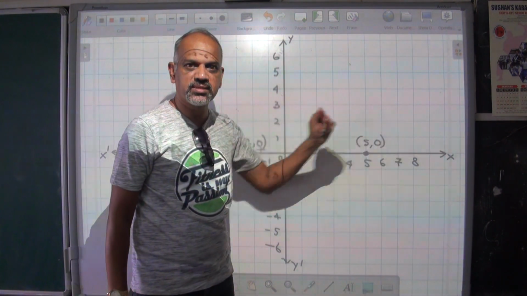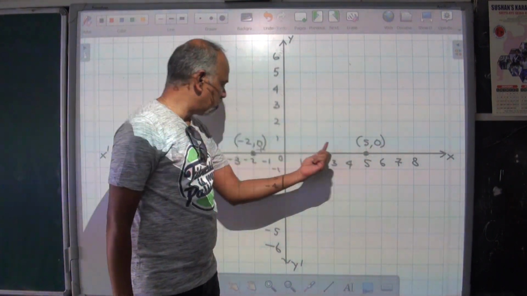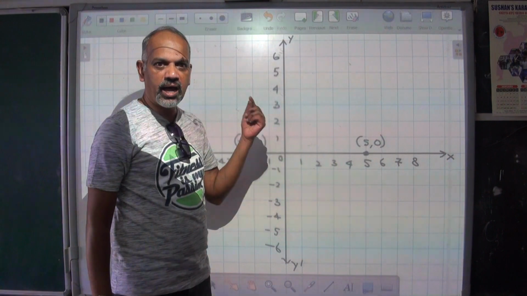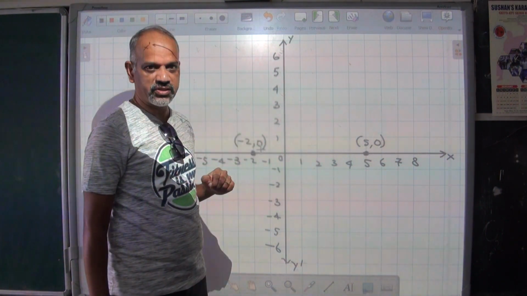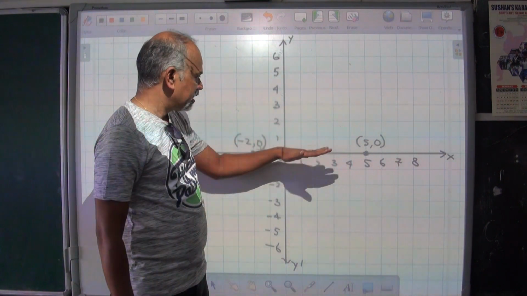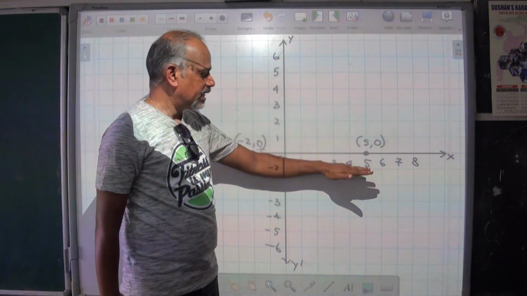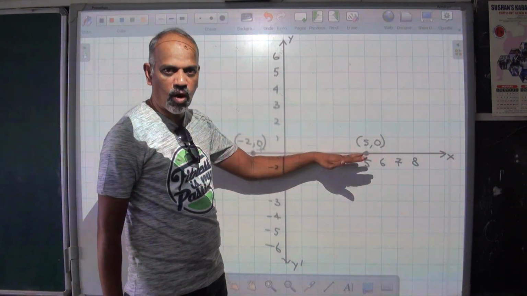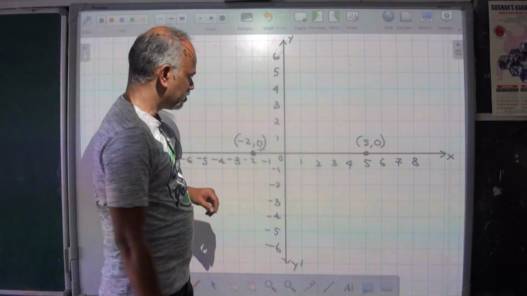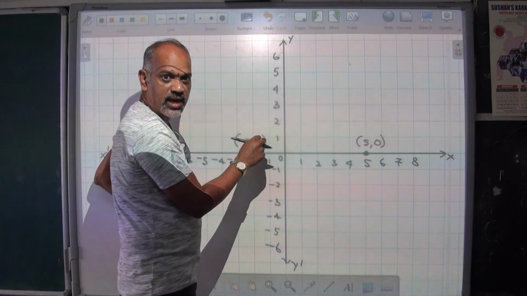It is the x-axis. So according to the question, (5, 0) and (-2, 0) are invariant points on reflection on the line L dash, which means they do not change even after reflection on the same line. So this is line L dash, because these 2 points are lying on this line L dash.